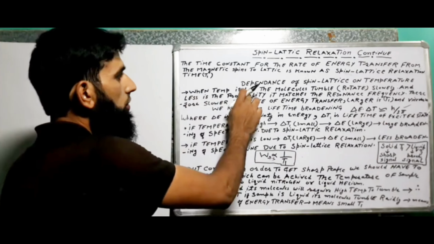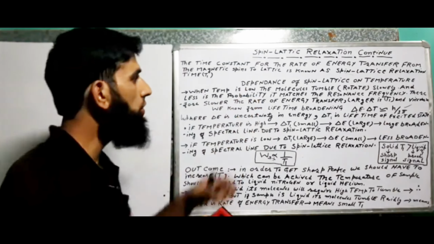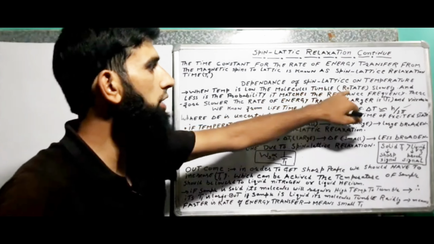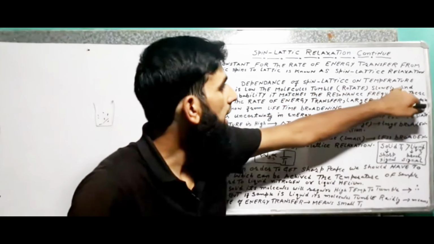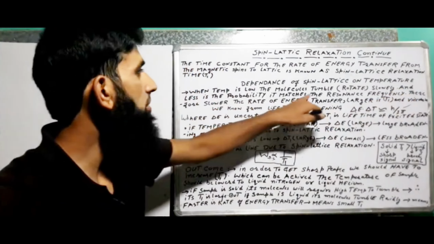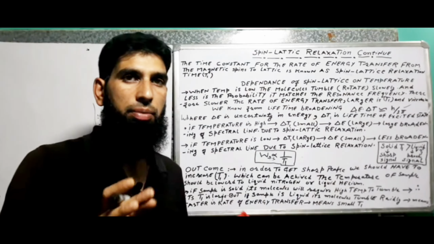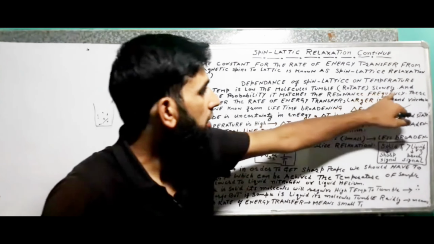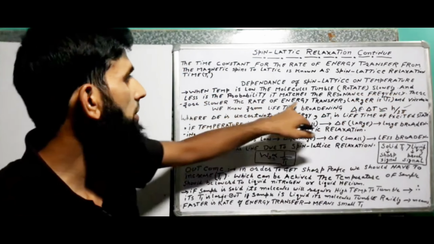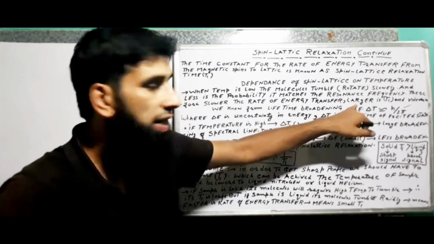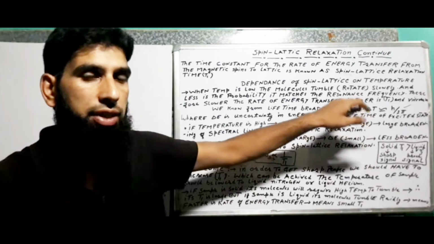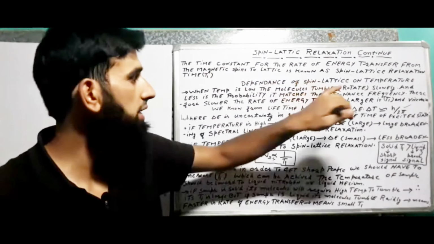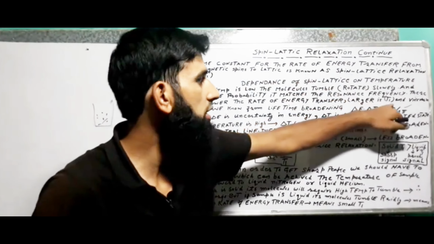When temperature is low, the molecules tumble, meaning rotate, slowly. Less is the probability it matches the resonance frequency. That means the resonance frequency of the sample is not achieved sooner, and therefore the rate of energy transfer is slower. When there is a slow rate of energy transfer, the spin state will spend a large time in the excited state, which means larger is T1.